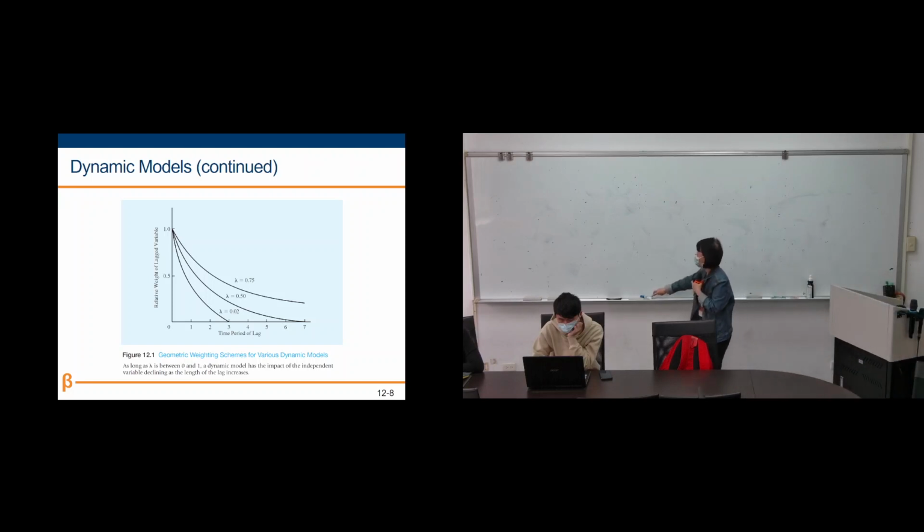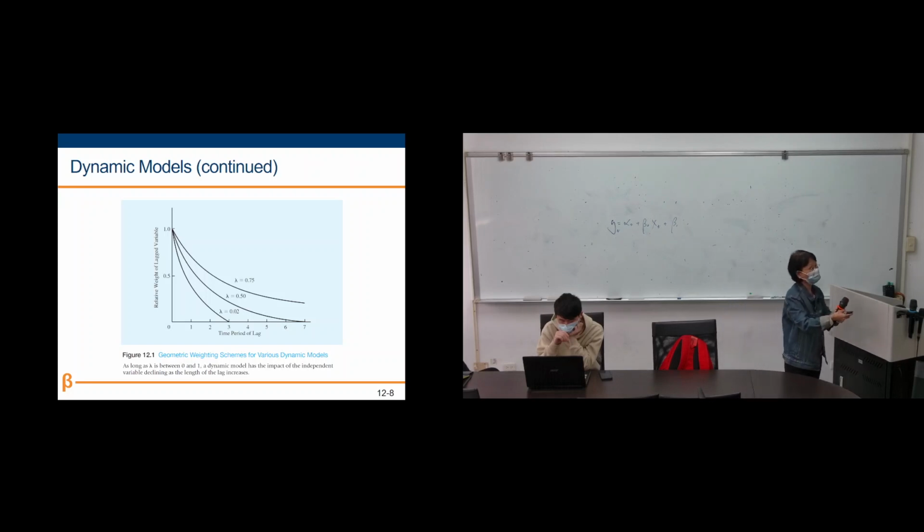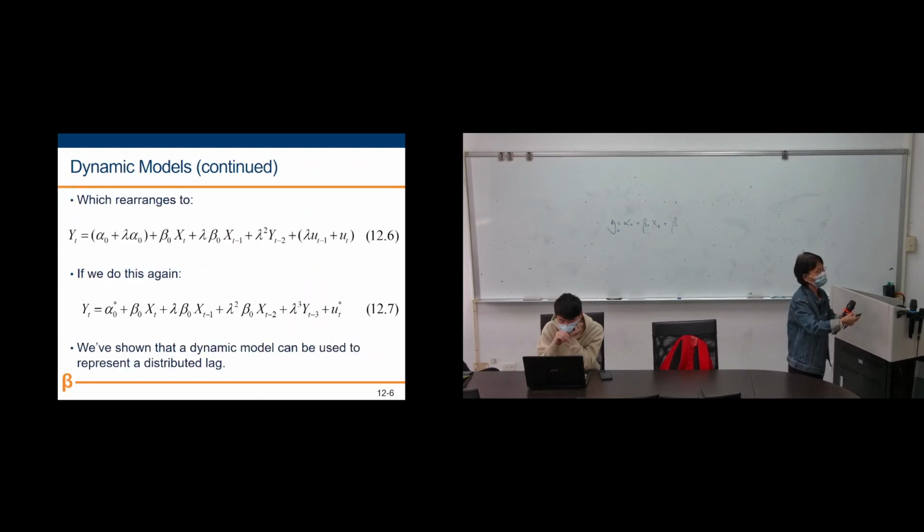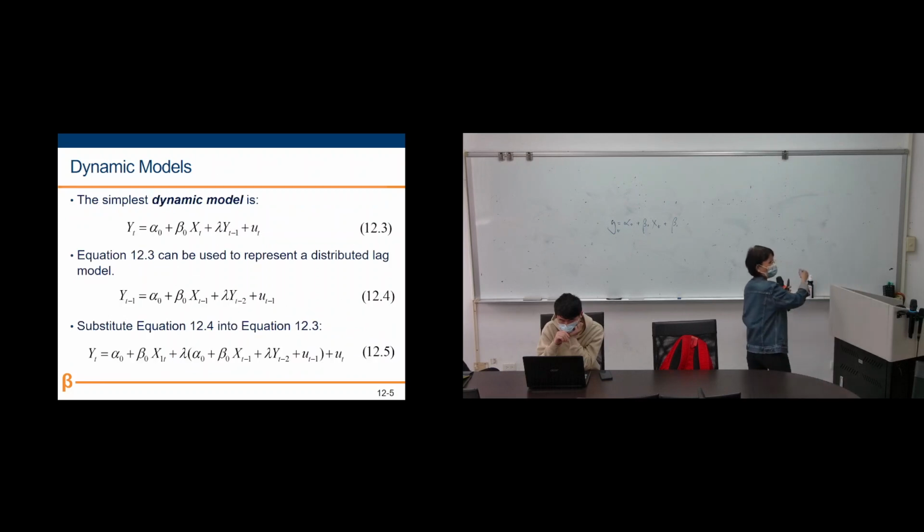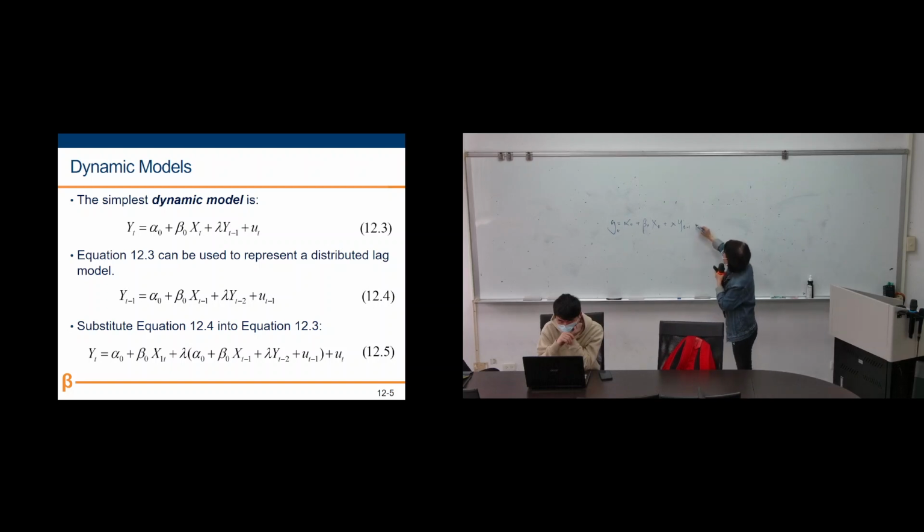In other words, if I have y equal to alpha 0, this is the intercept, and then beta 0 times xt, and using the example, lambda yt minus 1, plus ut.